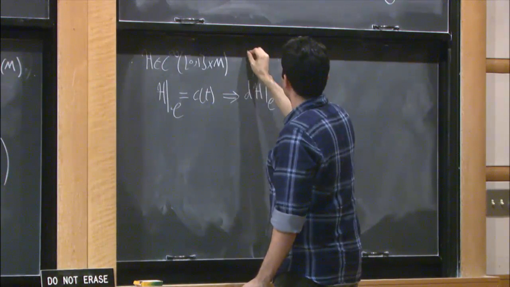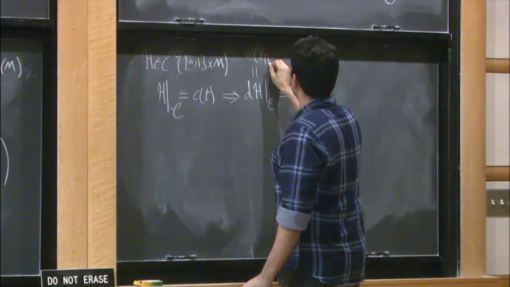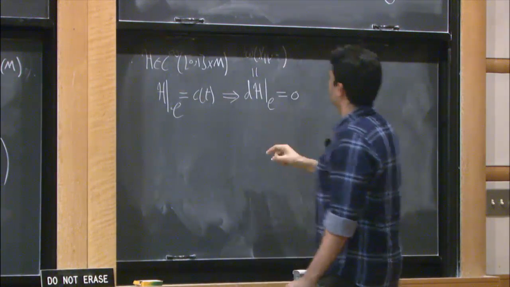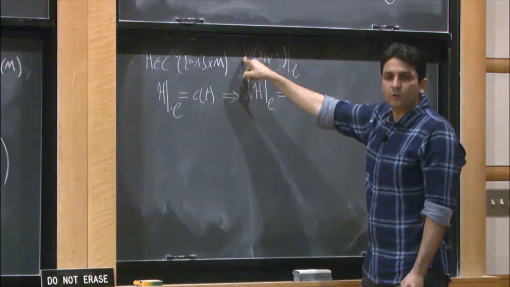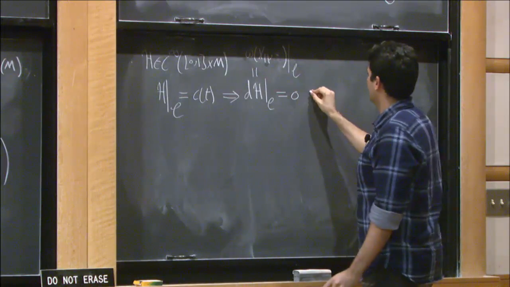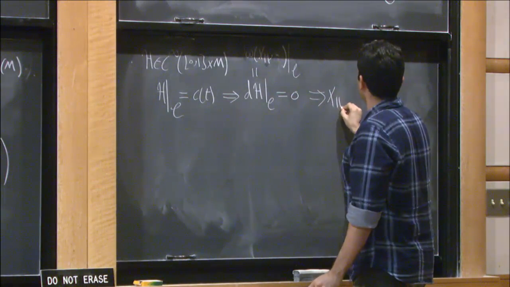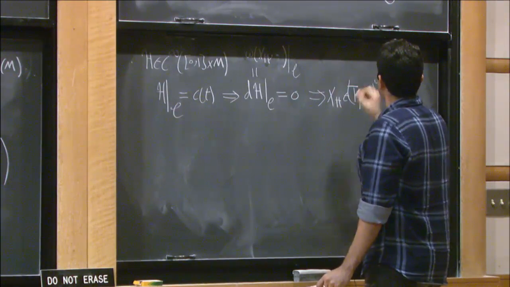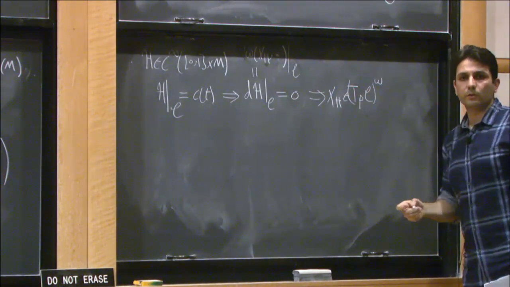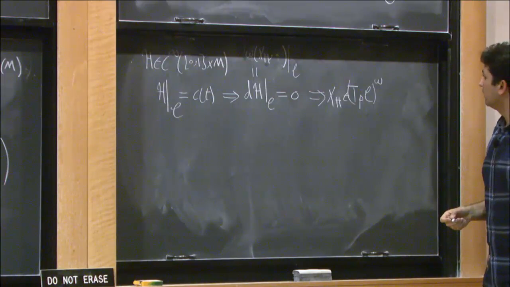So X_H is in the kernel of omega, and that tells you that the Hamiltonian vector field is in the symplectic orthogonal to the tangent spaces, right?